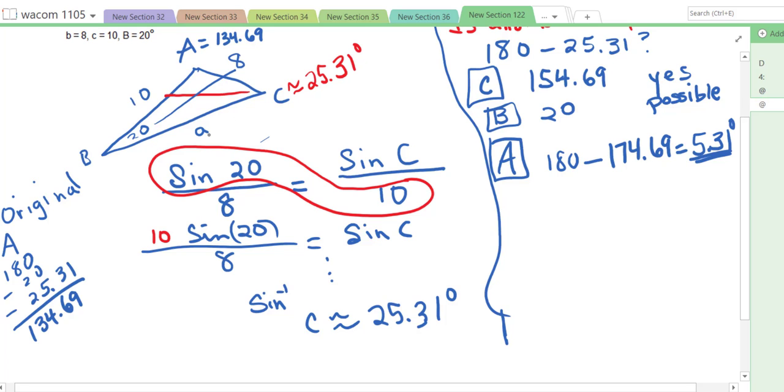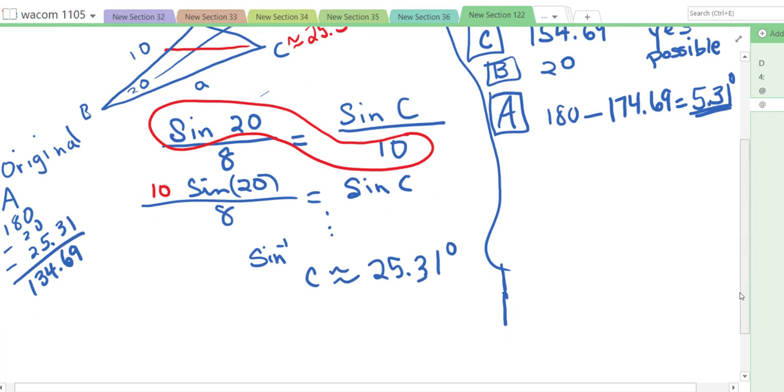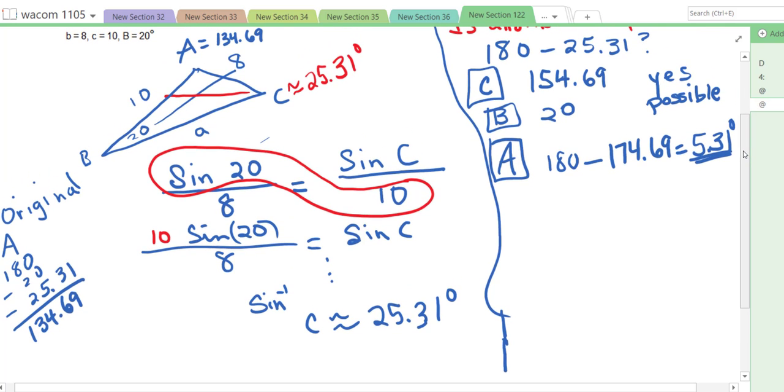Right, and on this one, the only thing we didn't find is the side A. So we would need to do that using law of sines now. So we will continue with it. Use the pair that you had. So what we had was 8 and sine of 20.